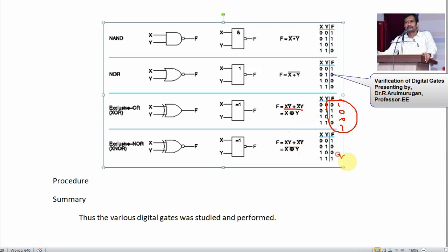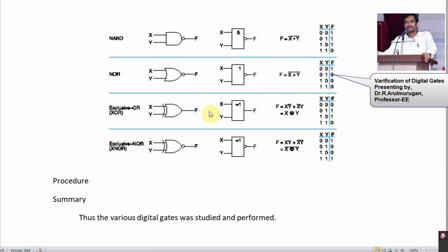See how it is possible. Put one NOT gate over here, and you will get the answer. So what is XNOR? XOR plus NOT gate. The same diagram with one NOT gate.